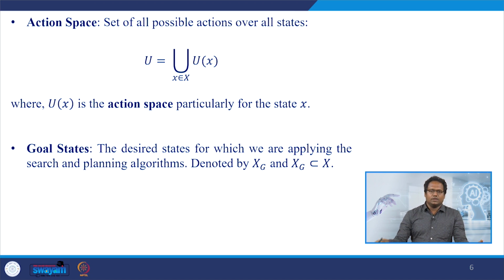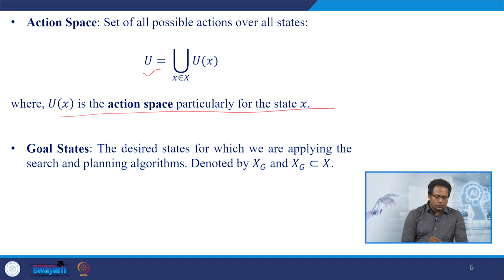Now, having the action, there is an action space, which is nothing but the set of all possible actions over all states. Thus the action space is represented by U, which is equal to the union of all U(x), where x is a state which belongs to the state space X. Here U(x) is the action space particularly for the state x.